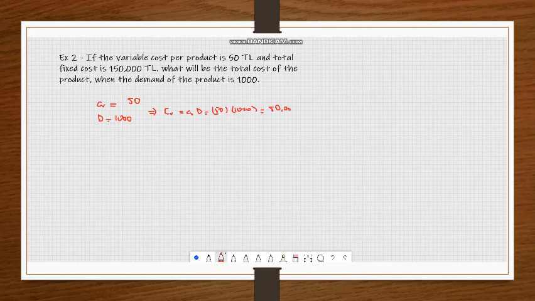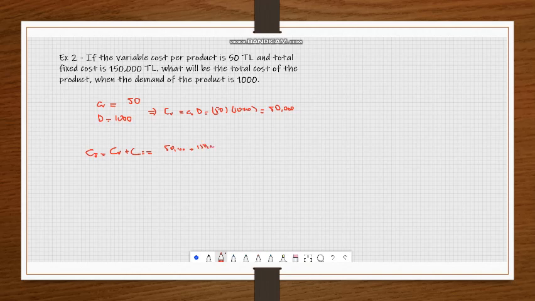as in the previous example. And the total cost, again, we know is CF, which is fixed cost, plus variable cost, which is 50,000, plus the fixed cost of 150,000.